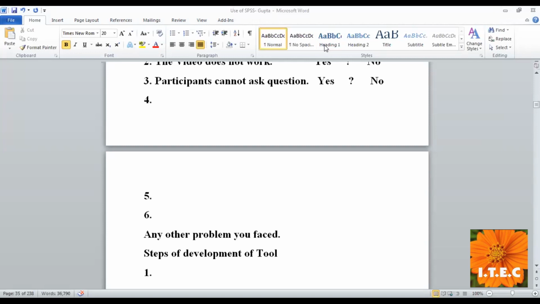Rawat, it is very, very difficult to say whether an open-ended questionnaire is better or a closed questionnaire is better. It is the researcher who understands the situation, he or she can decide for herself or himself.